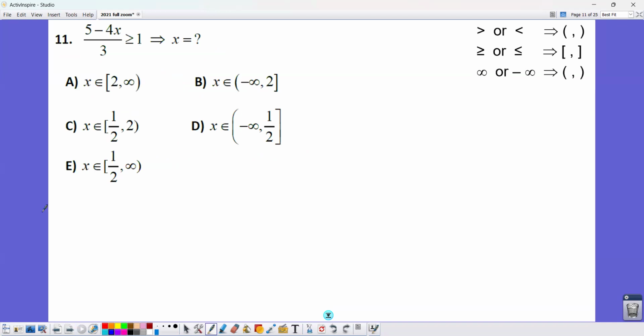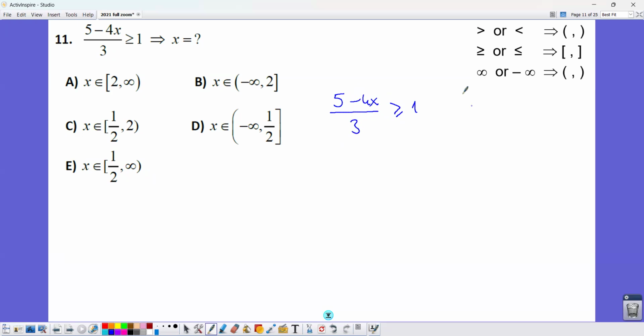Then the 11th one. In the 11th one, we have an inequality. When we have this kind of inequality, 5 minus 4x over 3 greater than or equal to 1, because I'm trying to find x alone, first I need to cancel this 3.